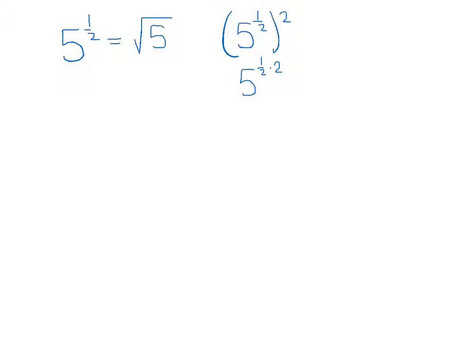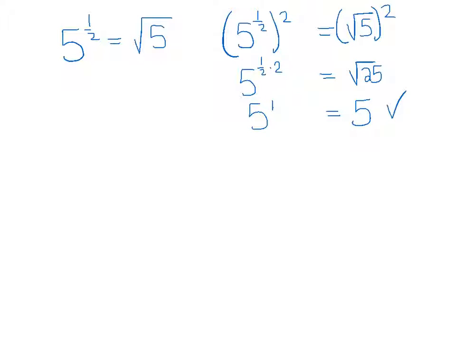So 1/2 times 2 gives 5 to the 1. And that's the same thing as saying if 5 to the 1/2 was really the square root of 5, and then I square it, I get the same answer, 5. So there really must be something to this, okay?